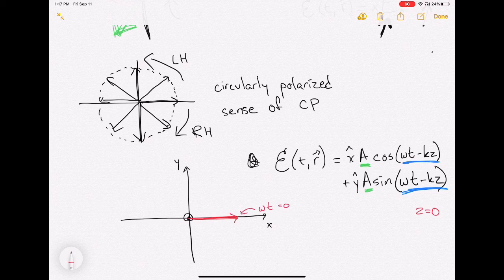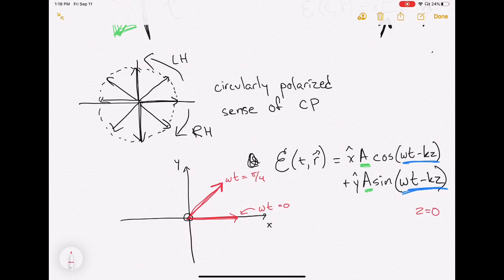If I allow time to increase a little bit, what happens now if omega t is equal to pi over 4? Well, cosine of pi over 4 is 1 over root 2, and sine of pi over 4 is also 1 over root 2. So my new electric field vector is going to be pointing like this at a 45-degree angle. Omega t equals pi over 4.